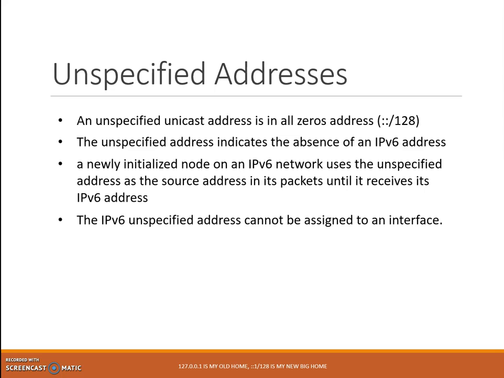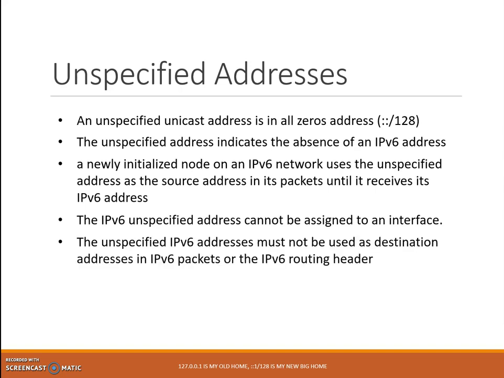The IPv6 unspecified address cannot be assigned to an interface. The unspecified IPv6 address must not be used as a destination address in IPv6 packets or the IPv6 routing header.